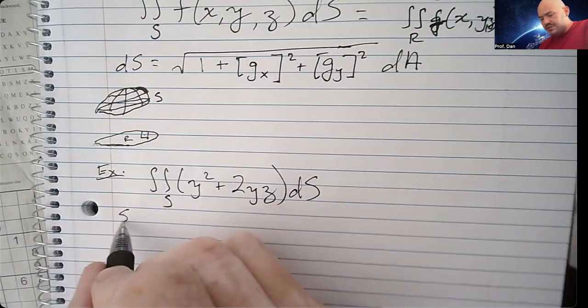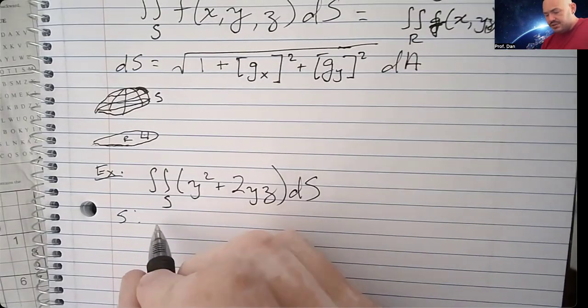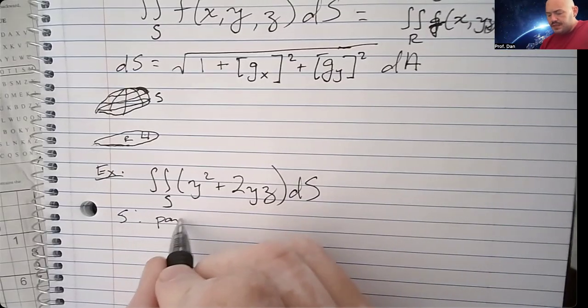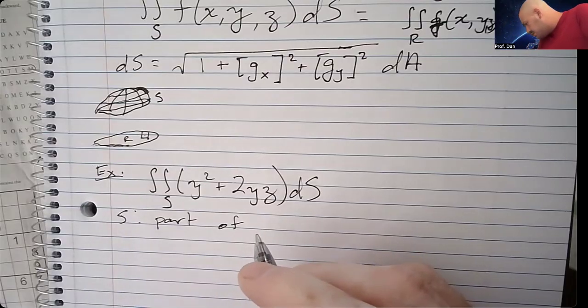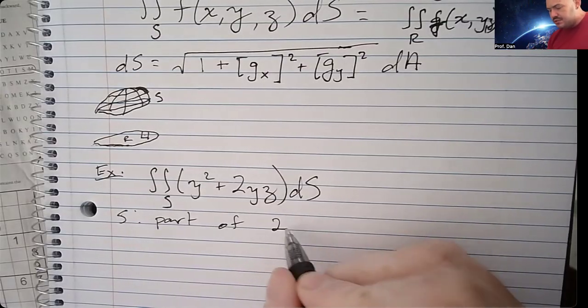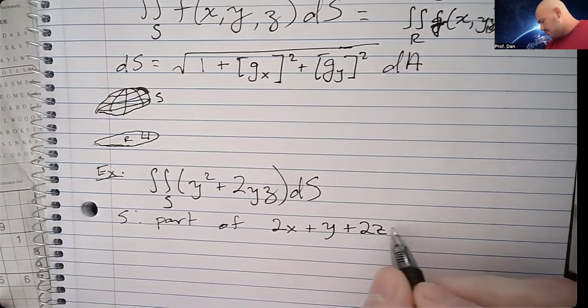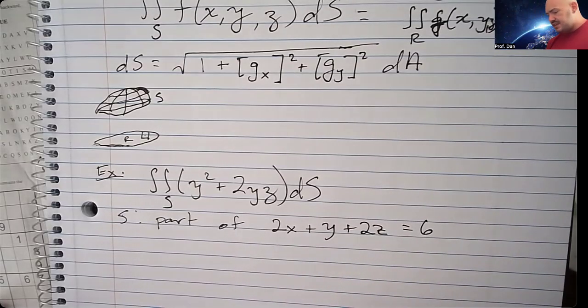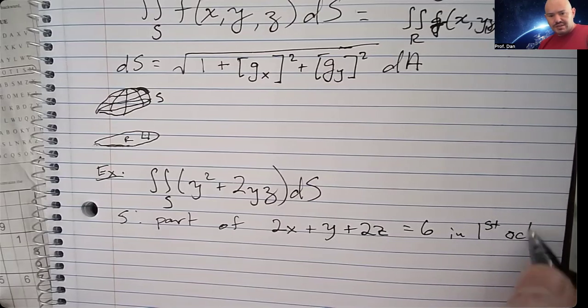And the description of the surface that we're given is that S is the part of the plane given by 2x plus y plus 2z equals 6 that lies in the first octant.